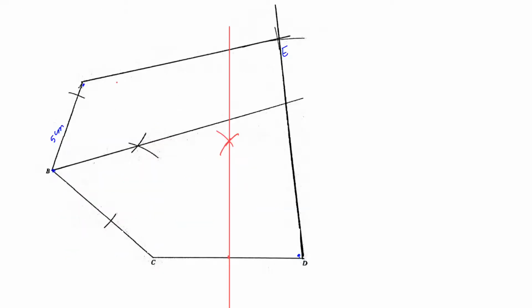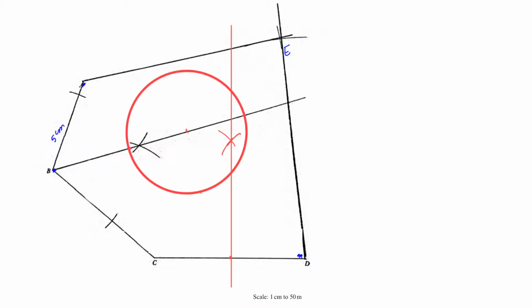We have to draw 7 centimeters from B. So we will measure here 7 centimeters and make a point wherever it reaches. And then from this point, we will draw a circle with radius 3 centimeters. So this line here is 7 centimeter. And then we drew a circle with the radius 3 centimeter.